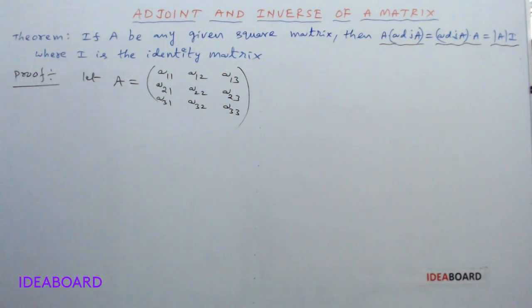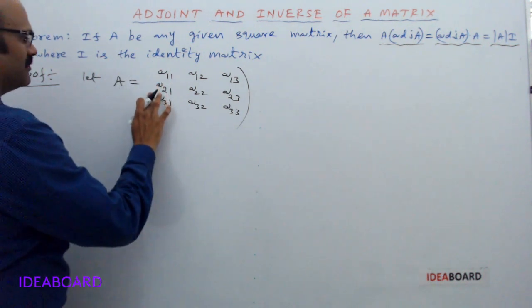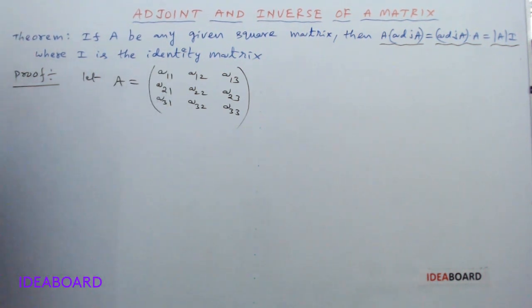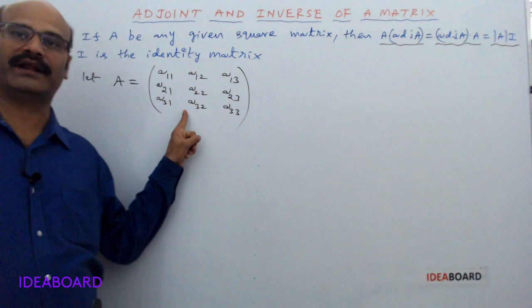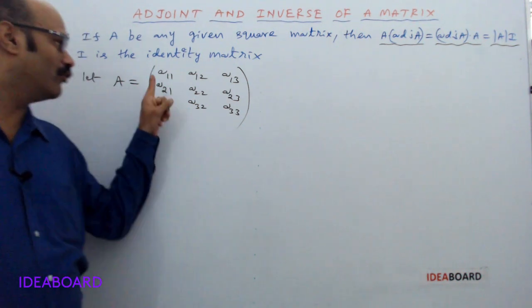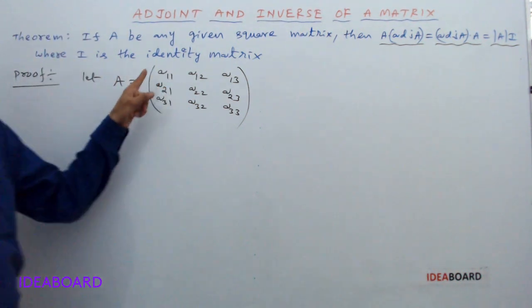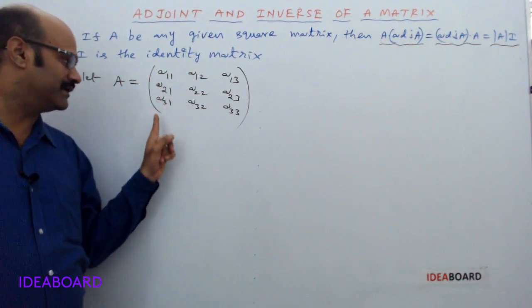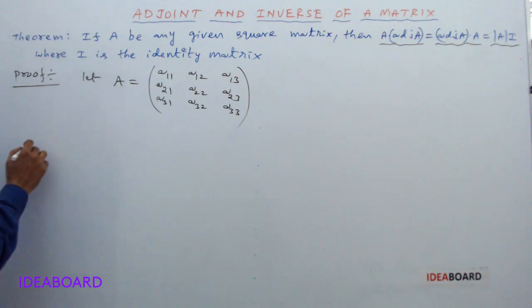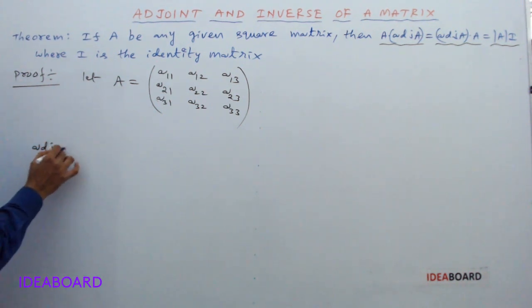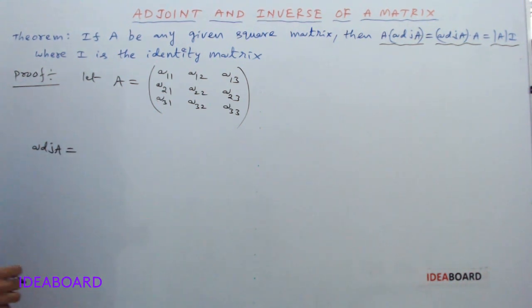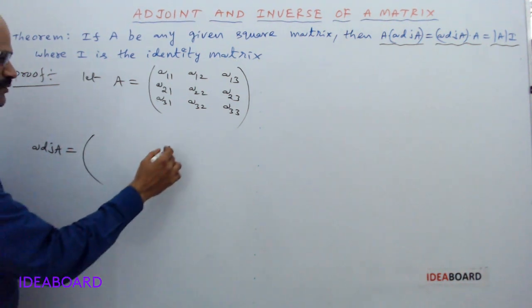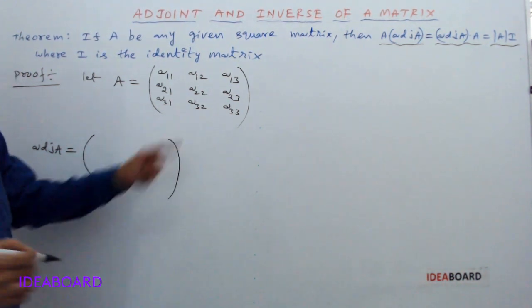Now we have to find the adjoint of this matrix A. To find the adjoint of A, we have to write the cofactor matrix of A. We know that the cofactor of a11 is denoted by capital A11. So the adjoint of A is always equal to the transpose of the cofactor matrix of this matrix.